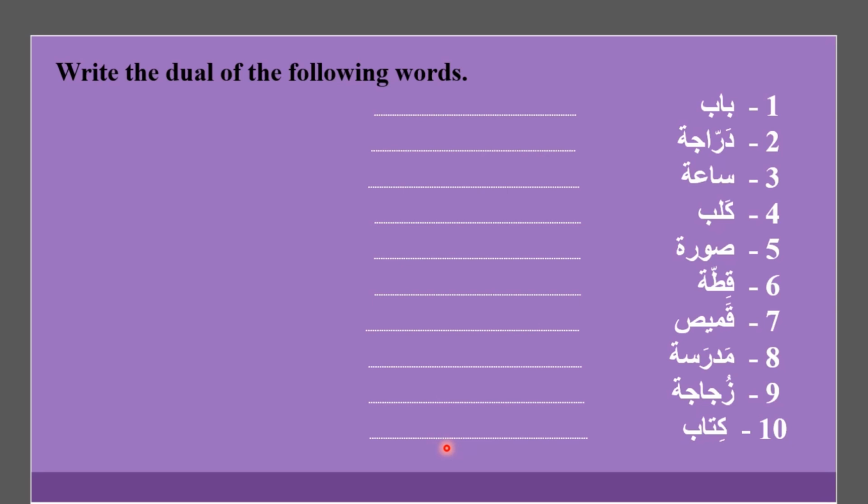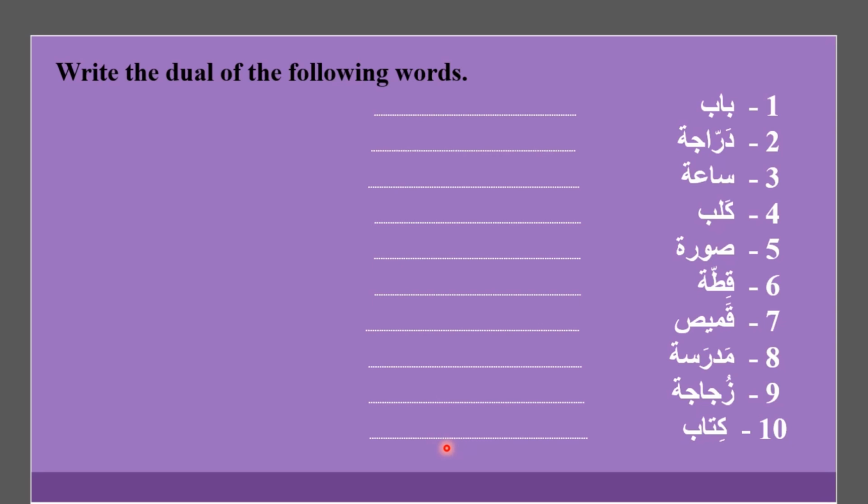3 is sa'a. Sa'a, watch or o'clock. So how do you say 2 watches or 2 o'clocks? 4 is kalb. Kalb, dog.